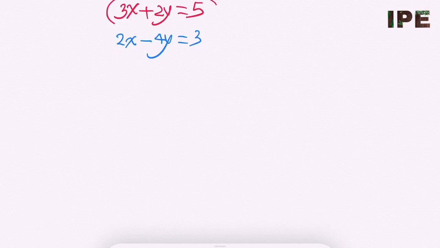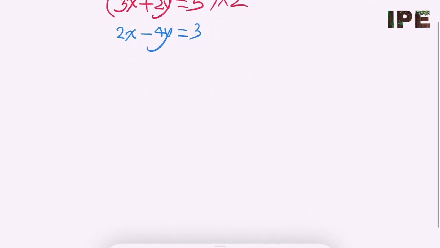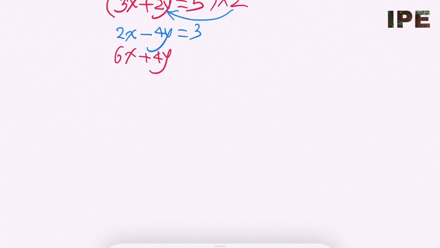So I will multiply the first equation by 2. 2 times 3x will be 6x, and 2 times 2y will be plus 4y, and 2 times 5 equals 10. Then subtract or add to eliminate one variable. In this case, just add them because negative 4y plus positive 4y will be 0. Okay, so what is 2x plus 6x, which is 8x?